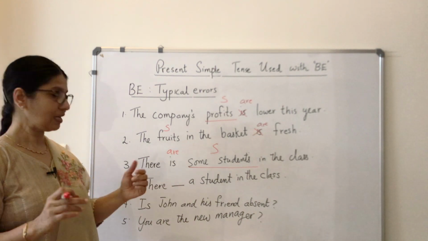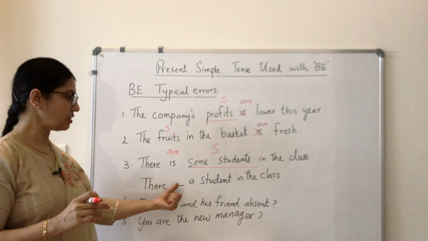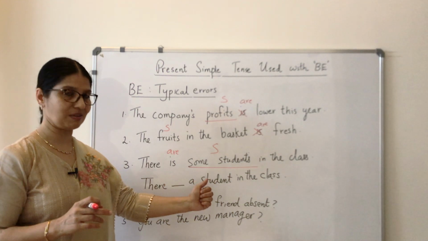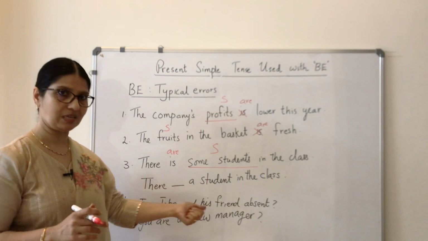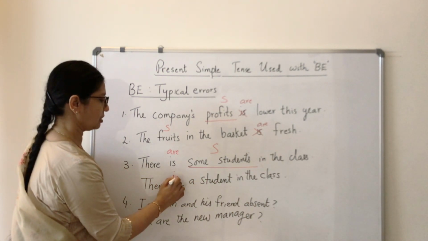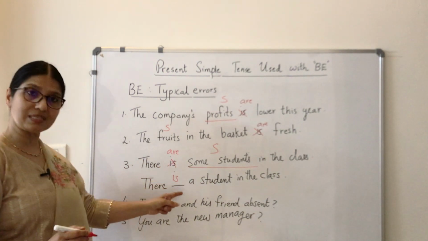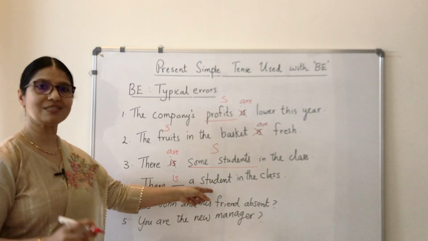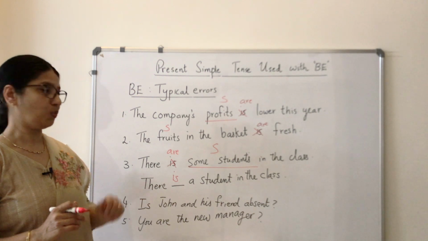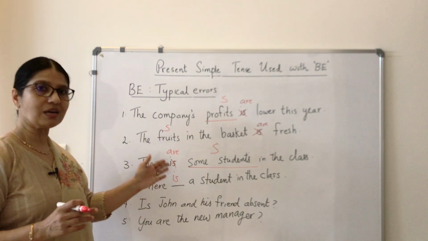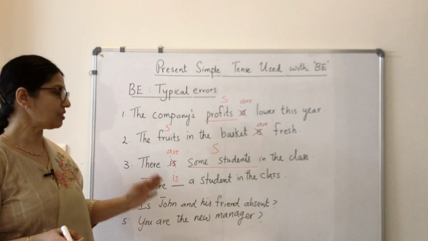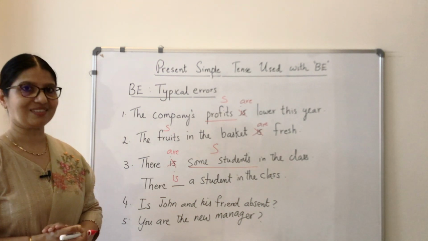On the other hand, if we had there is a student in the class, if we are talking about a student, we will use is. We will use is here because the subject is singular. So there can come with are or is. It depends on the number of the subject.